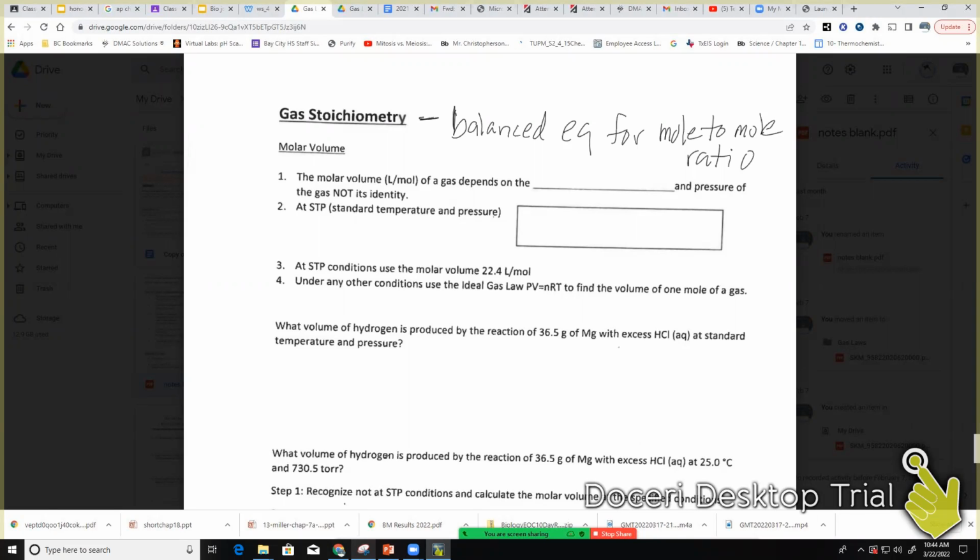So the other thing that we're going to be using in some of these problems is the molar volume. And the molar volume, which is in liters per mole of a gas, depends on the temperature and pressure of the gas, not its identity. So in other words, I could have 2 very different gases.